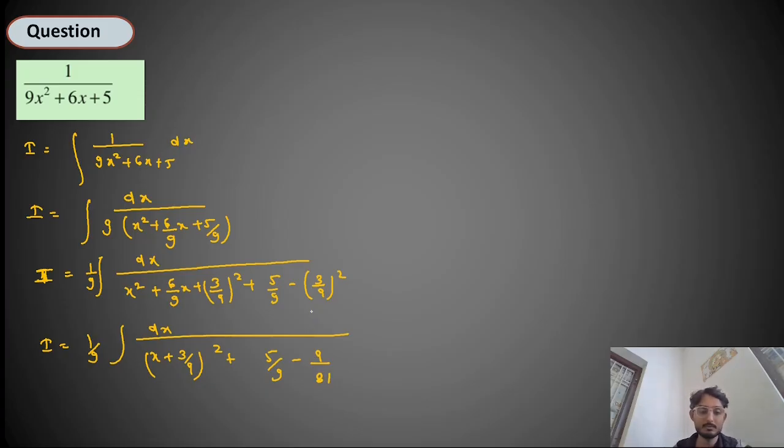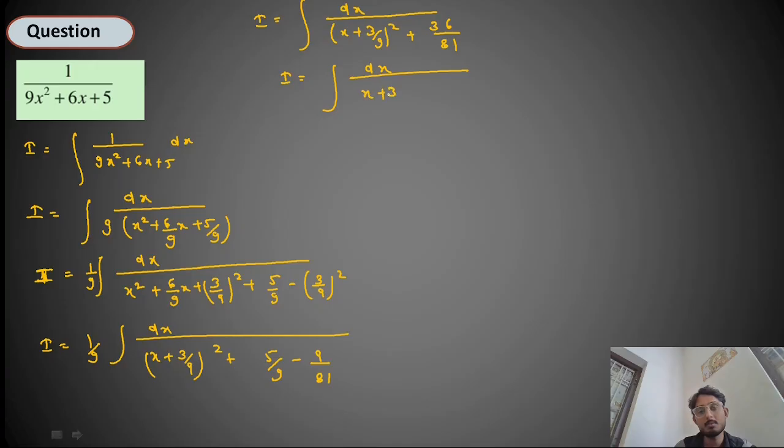So I equal to dx upon x plus 3 upon 9 whole square plus, here 9 times 9 is 81 and 9 times 5 is 45. 45 minus 9 means you will get 36 upon 81. We can write I equal to dx upon x plus 3 upon 9 whole square plus 6 upon 9 whole square.